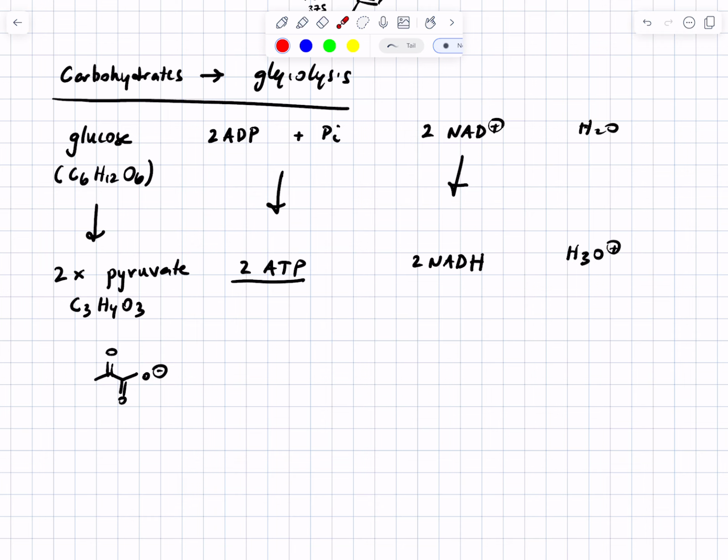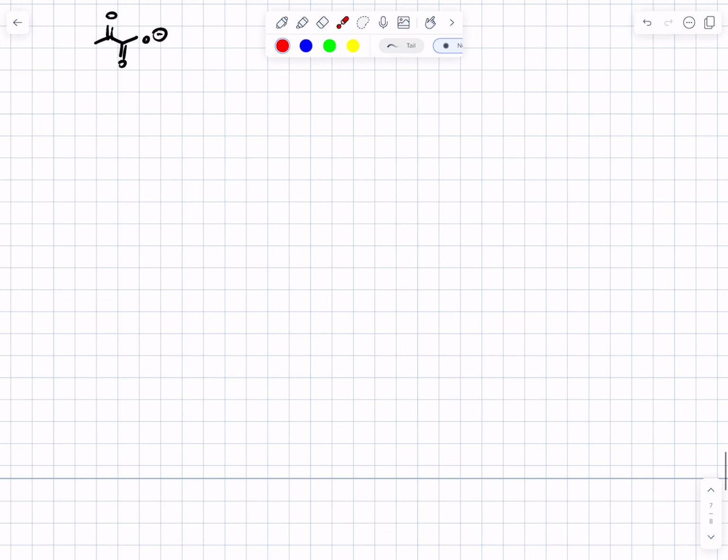All right. So step one of glycolysis is in the investment phase. Step one is irreversible, so you don't go backwards from this. There's other enzymes that deal with the backwards reaction.